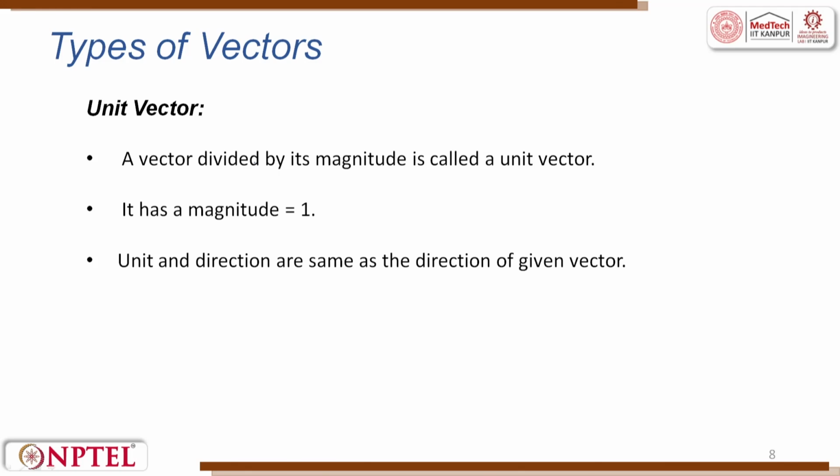The direction is the same as the direction of the given vector. So, it can be written as A unit vector is equal to A vector divided by A. This is called the unit vector.